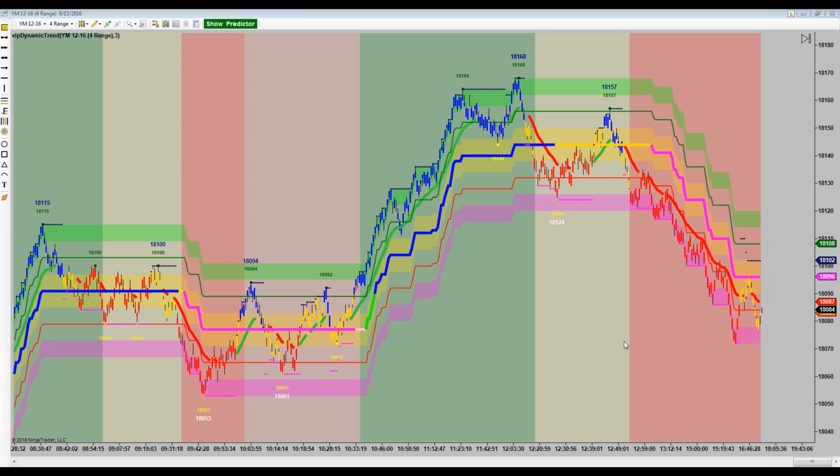By the way, for those of you who are night owls and like to trade after hours, let me show this to you real quick. Go into your instrument list.